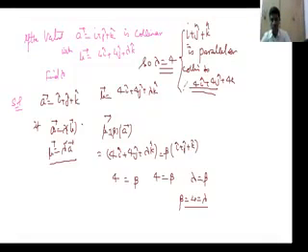Do you understand this? See, there is no scalar multiple which can satisfy this. If there is a scalar multiple, that scalar multiple is clearly 1, no. Why?